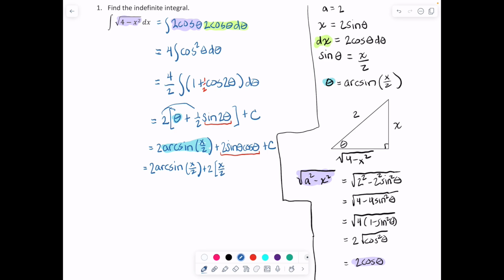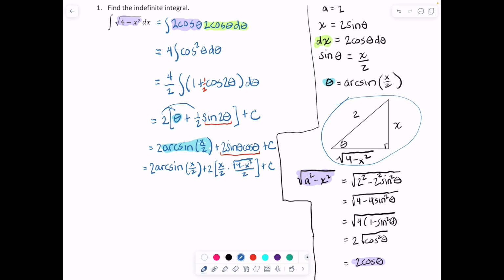We had that from the start. And then times cosine theta, which is going to be the square root of 4 minus x squared over 2. So this is where I'm using my triangle over here. Okay? Plus our constant of integration.